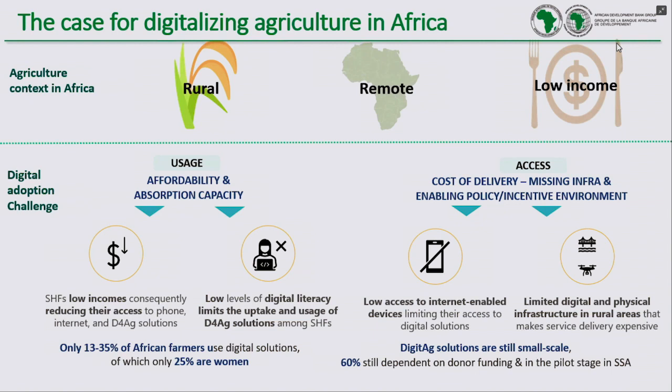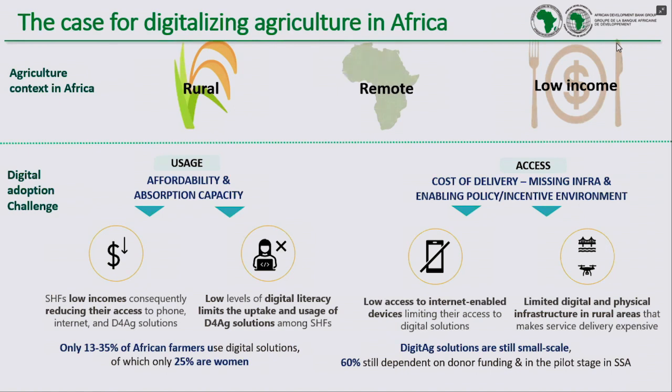Because they're low income, it's usually difficult for them to pay for digital services or access digital technologies, even smartphones and other more improved technologies. The other challenge relates to digital literacy and their capacity to understand and utilize these digital solutions long-term. So there's a lot of work that needs to go towards digital upskilling of agriculture actors in Africa. That's on the user side.